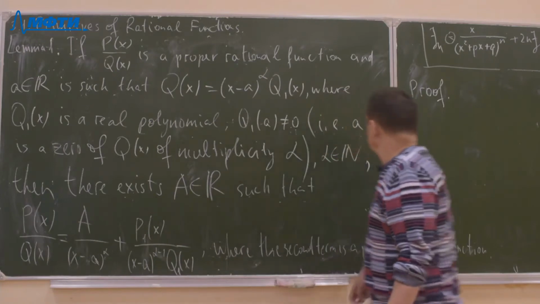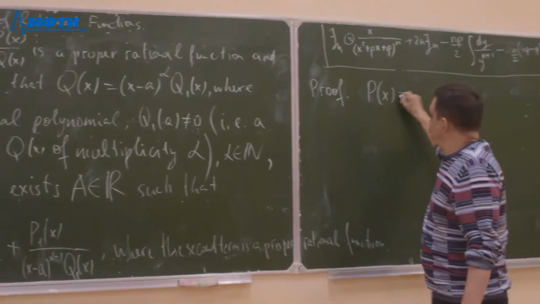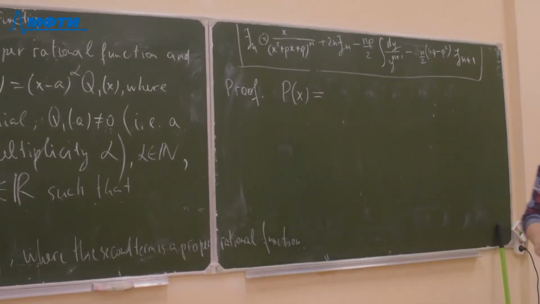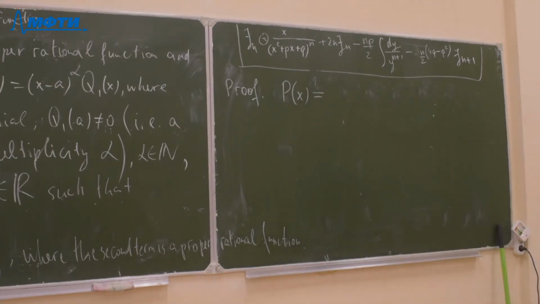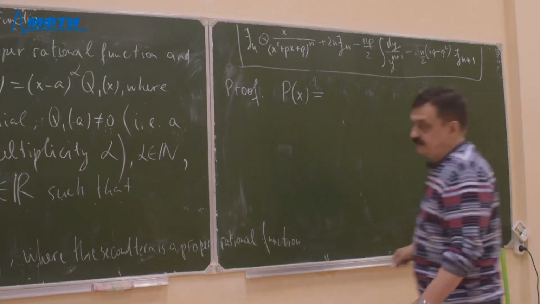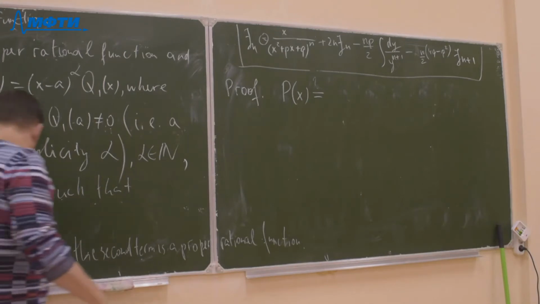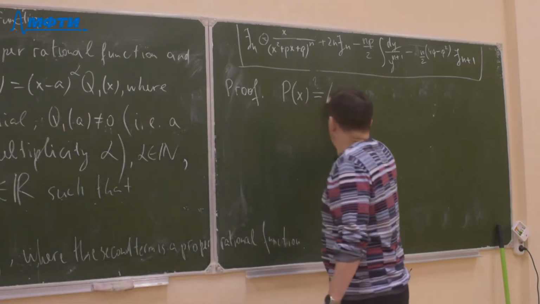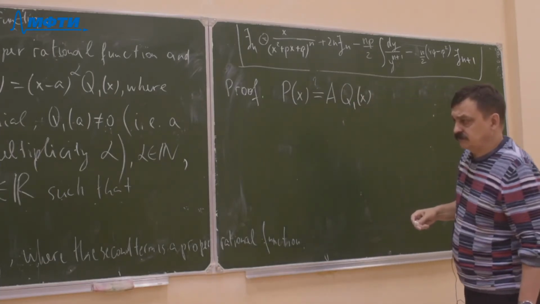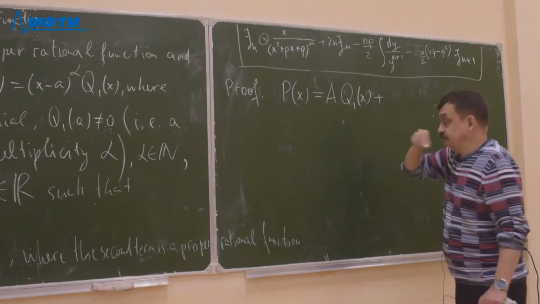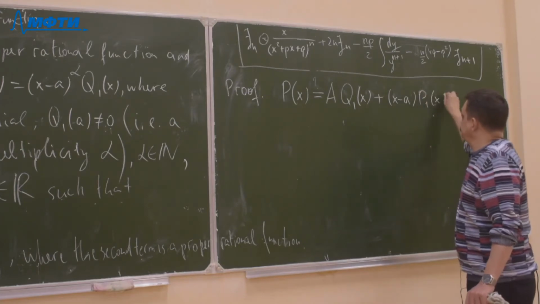So the desired equality is, what we want to find, if it's possible to represent p of x as A times q1 of x, plus (x minus a) times q1 of x.